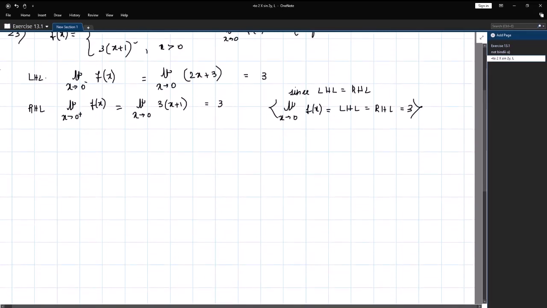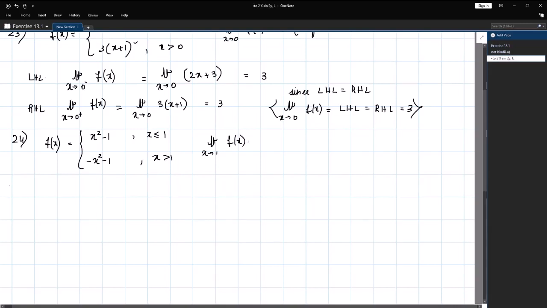And then question number 24. If f of x is given as x square minus 1, if x is less than or equal to 1, and minus x square minus 1, if x is greater than 1. We have to find limit x tends to 1 of f of x.